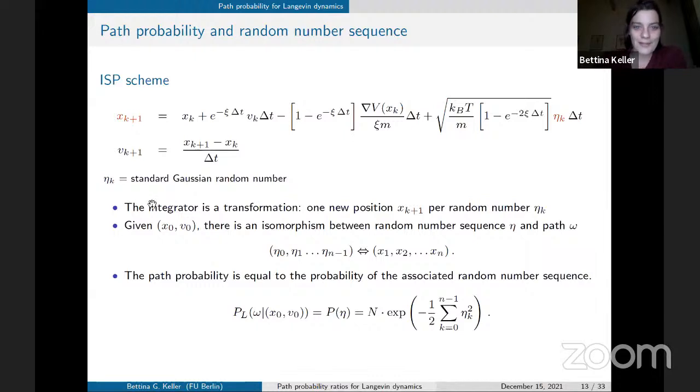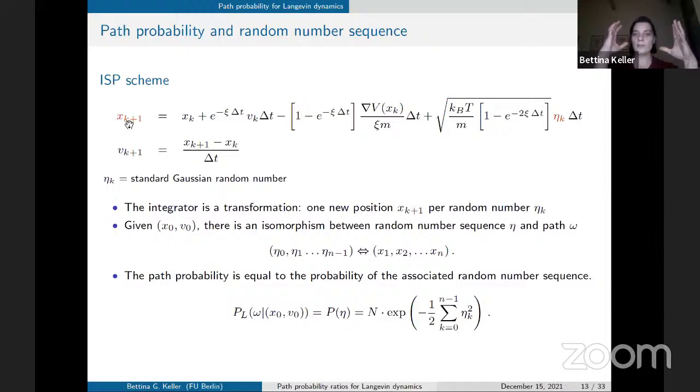And the basic idea here is that an integrator is actually a transformation from a random number to a position. So here's the update in the position space, and it takes the initial position and it takes the potential. And most importantly, it takes the random number. So this is a very complicated function that transforms a random number into a position.